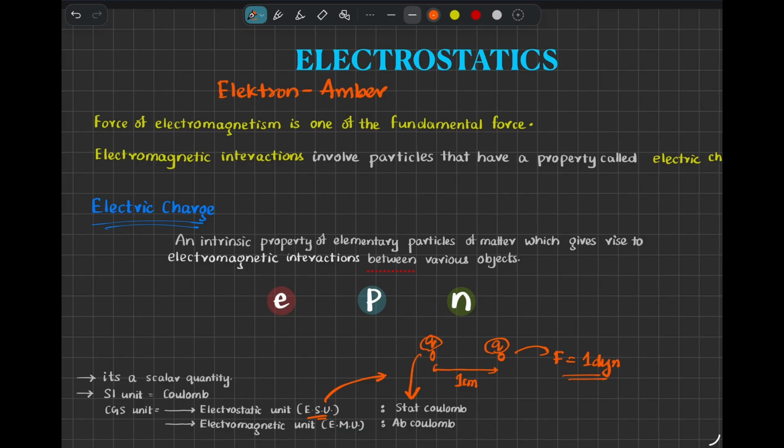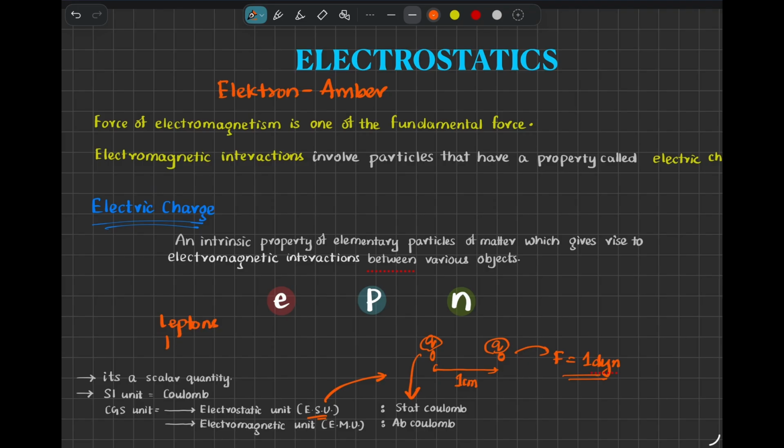Now we know the popular charges from basic atomic structure. There electrons, protons and neutrons are present. These electrons come under the basic subatomic particles called leptons. Now these leptons are a little bit unique.